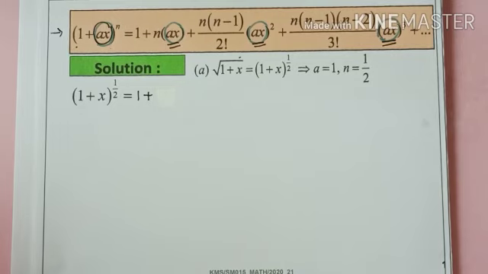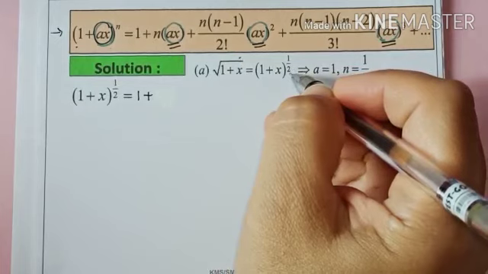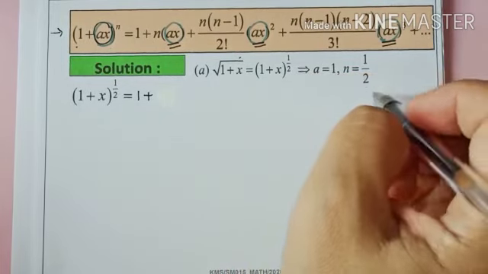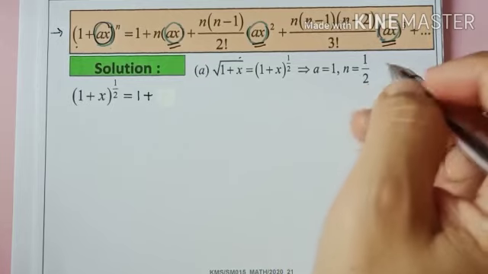Question A, the square root of 1 + x. Firstly, we have to change the root into an index number, which becomes a power of half. Then a is equal to 1 and n is equal to 1/2.